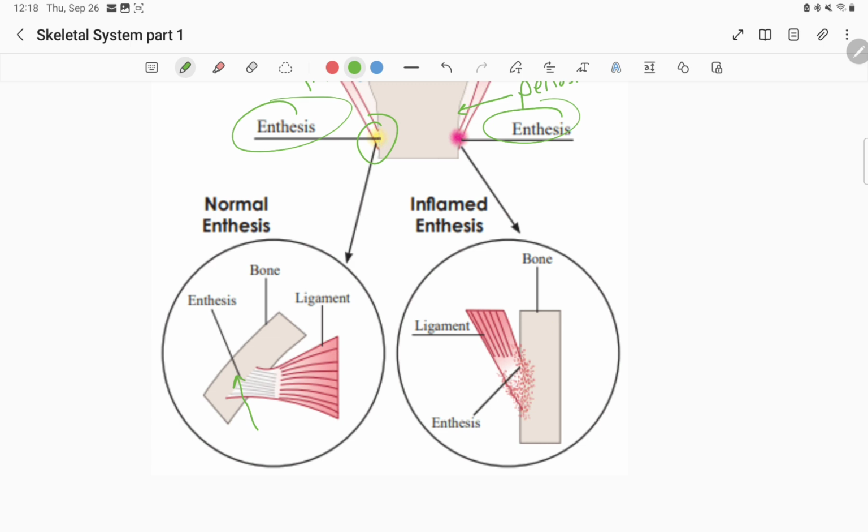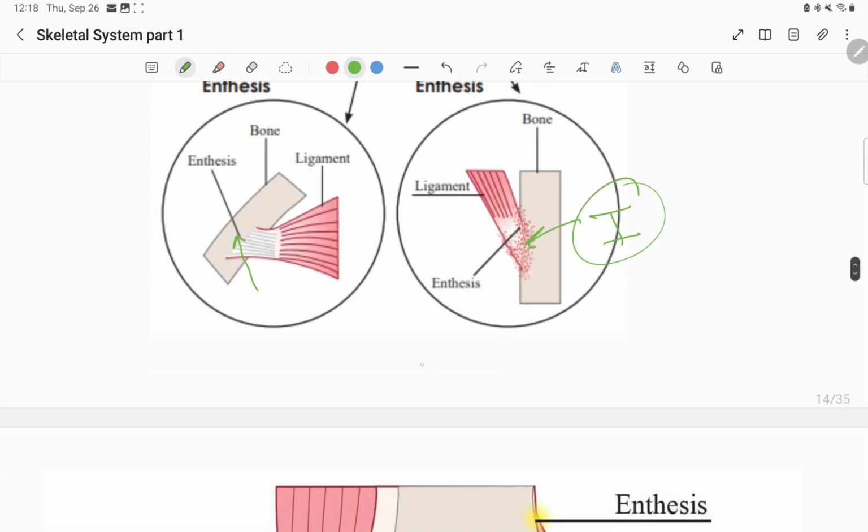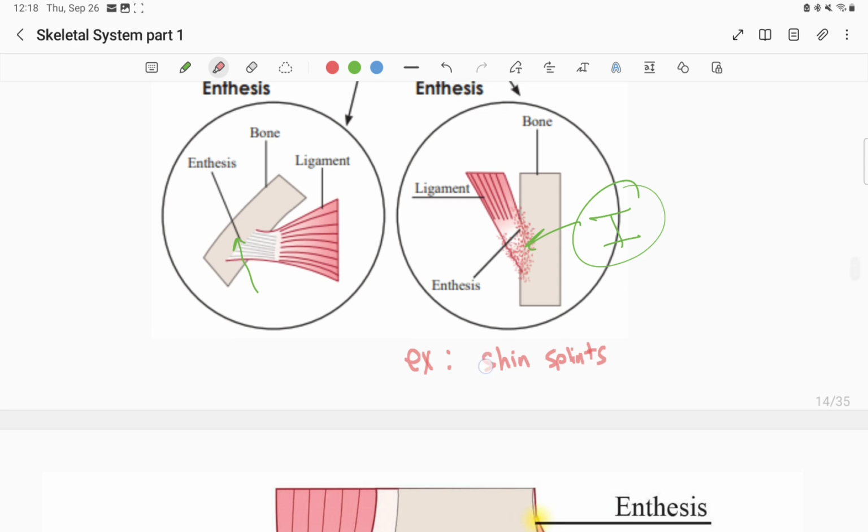Now, this area can get inflamed, so you can get inflammation at the enthesis. An example of inflammation would be shin splints, or tennis elbow or golfer's elbow. All of that is technically enthesiopathy.